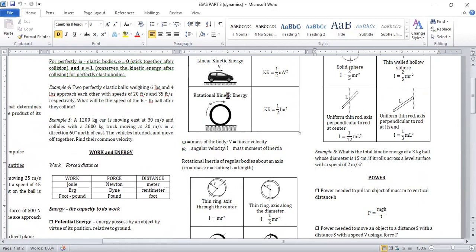So the ball travels at a linear speed of 2 meters per second.